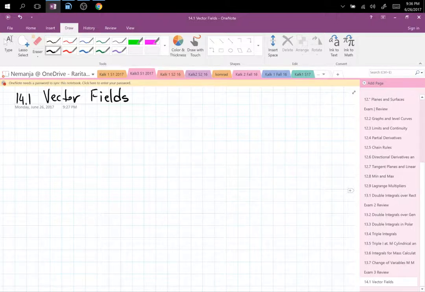The first order of business is to define the vector field in 2 and 3 dimensions, understand what they do, and then move on with the rest. So let's start with the definition of the vector field.